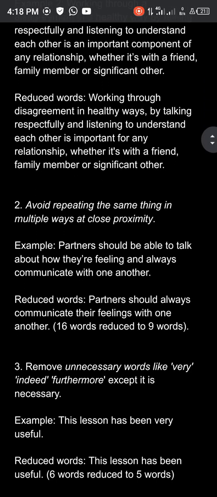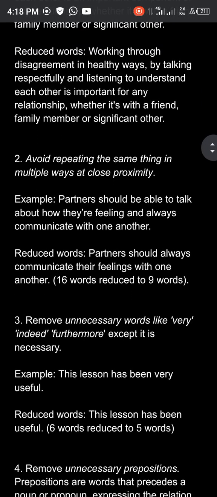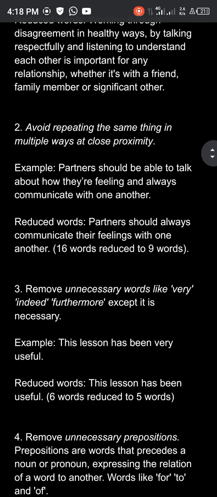Okay, so now the second tip I use is avoid repeating the same thing in multiple ways at close proximity. Now, sometimes you find some people make a sentence and still repeat that same thing they said in that sentence in a new sentence, or it might even be in the same sentence.